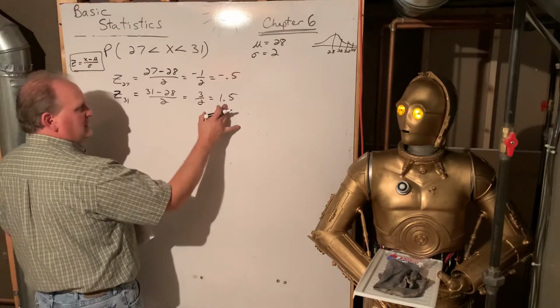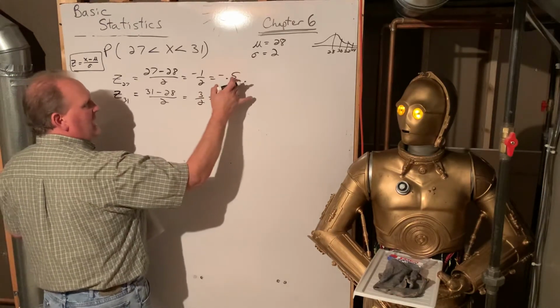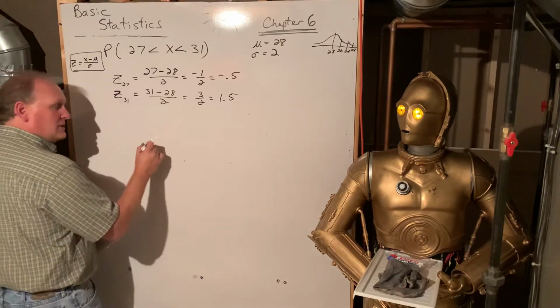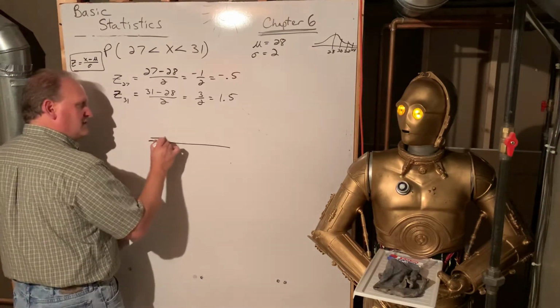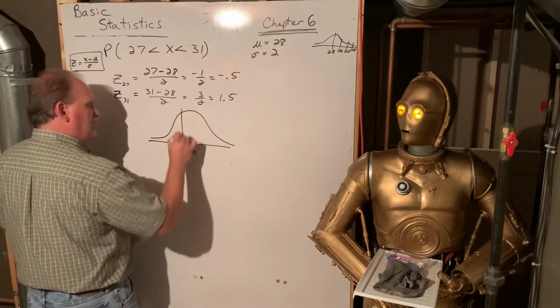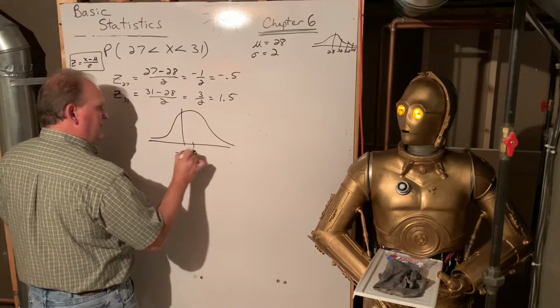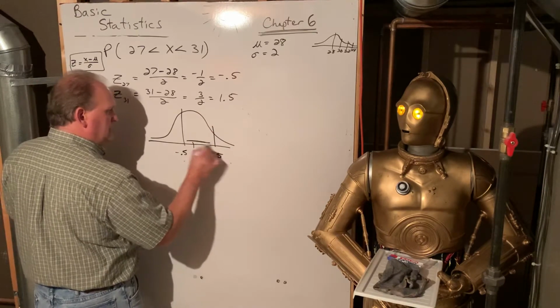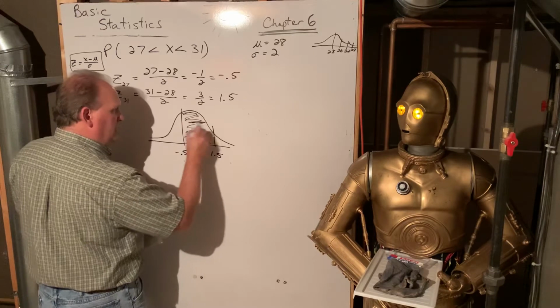So 1.5 standard deviations above the mean and 1/2 a standard deviation below the mean, and we want the area in between there. So we're going to draw ourselves a pretty picture where that's 0, we got -0.5 there, we got 1.5 there, and we want this area in between.